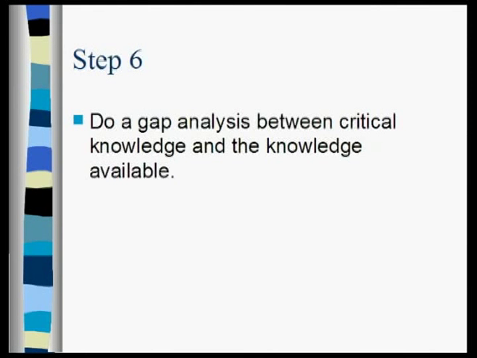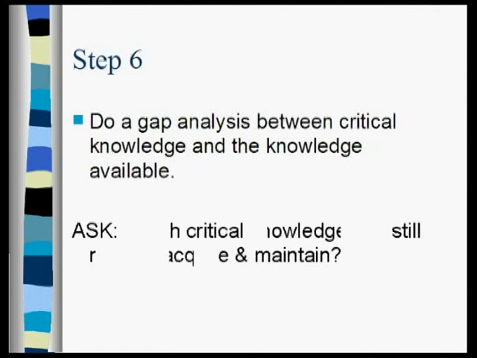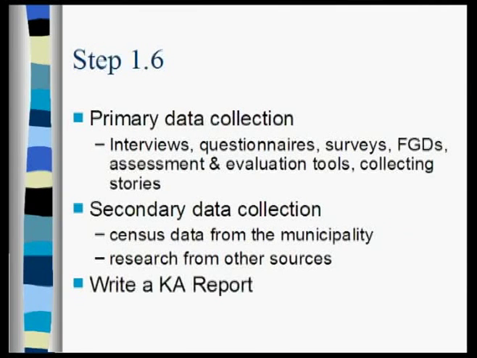So the last step, the sixth step, is to do a gap analysis. So is there a gap between critical knowledge and the knowledge that you really need in order to achieve your KM goal, and the level of knowledge that is already available to you? So the question is, which critical knowledge do I still need to acquire and maintain?